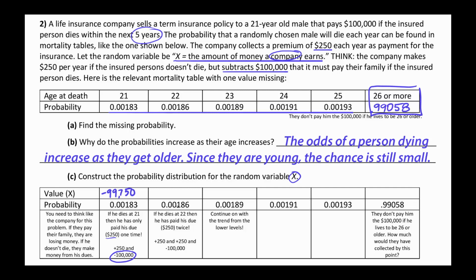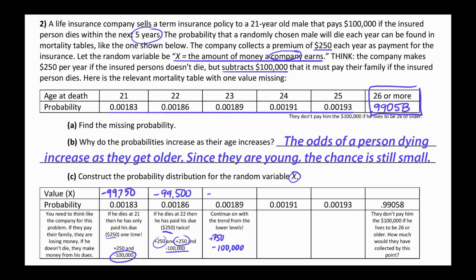So if we think about the next column, when they were 22, they would have paid their due of $250 twice. So think about 250 and 250, but then you have to subtract the amount that they're paying this family, so that is negative $99,500. Moving on to the third box, we need to continue with that trend. So by this point in time, he will have $750 that has been paid to the company, but if he dies within that year, you still have to pay out the $100,000 to his family.